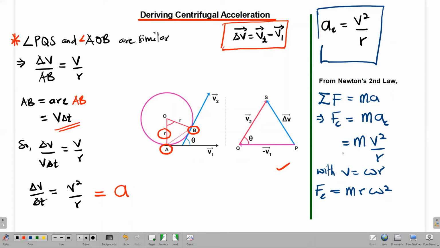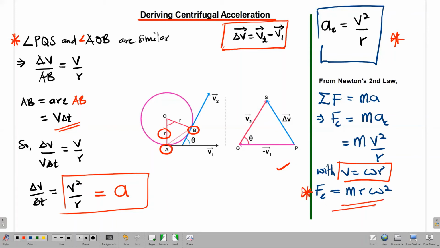Remember, we derived here that the centrifugal acceleration is equal to V squared over R. Now, knowing that V is equal to omega R, we can equally write the centrifugal force to be equal to m r omega squared.